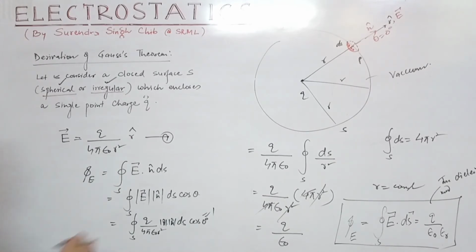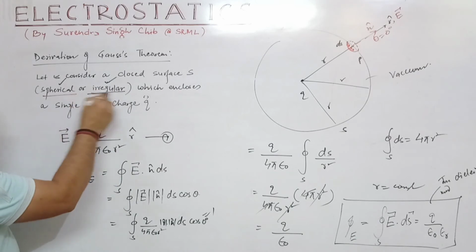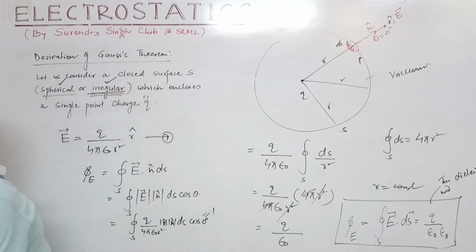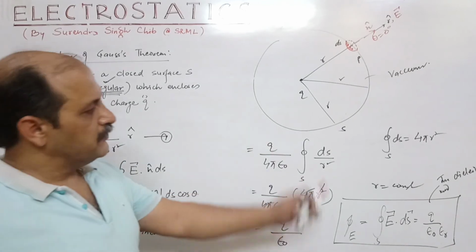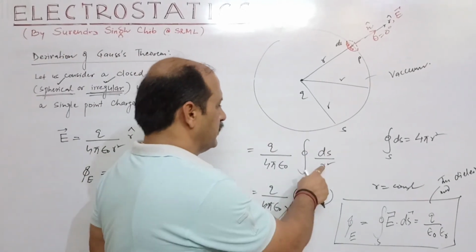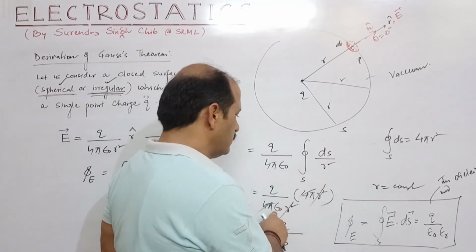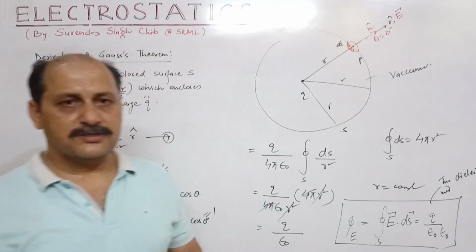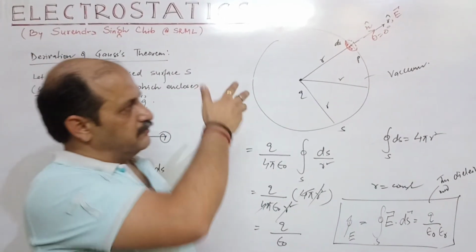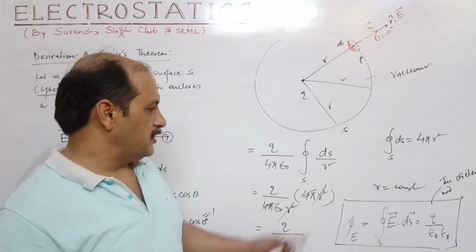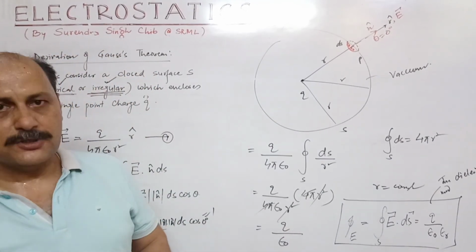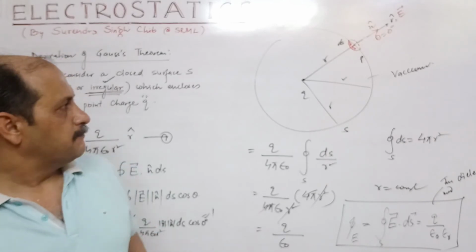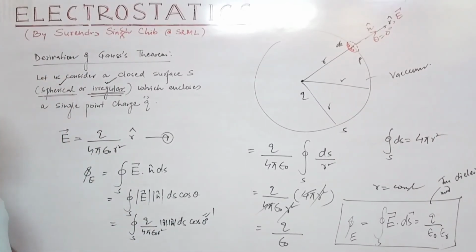You can take an irregular surface, but an irregular surface needs the concept of solid angle. A spherical surface is very simple. Integrate it. You can take r as a constant, and the integral over the spherical surface is 4 pi r square; cancel it. You get the same answer, q upon epsilon naught. This is the derivation of Gauss's theorem.